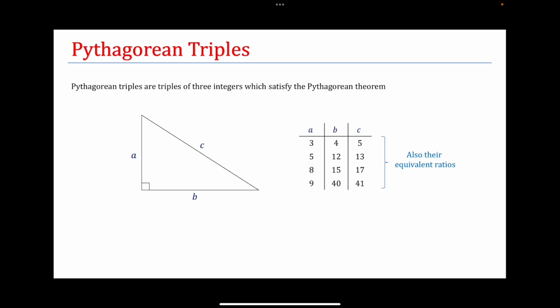So the standard measurements A, B and C are given in the table here. 3, 4 and 5 is one triplet. Legs are 3 and 4 and hypotenuse is 5. They obey the Pythagoras theorem. Similarly, 5, 12, 13, 8, 15, 17, 9, 40, 41. And the equivalent ratios of all these sides are also called Pythagorean triples.